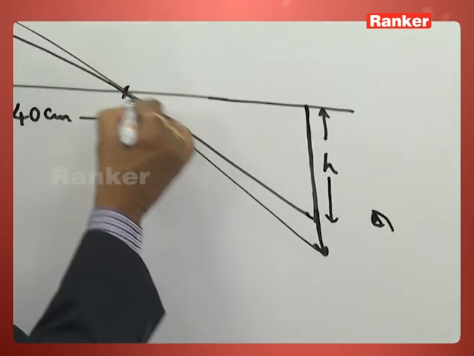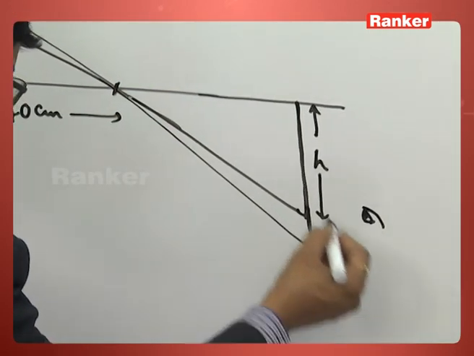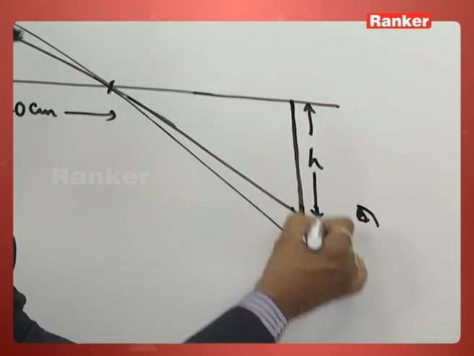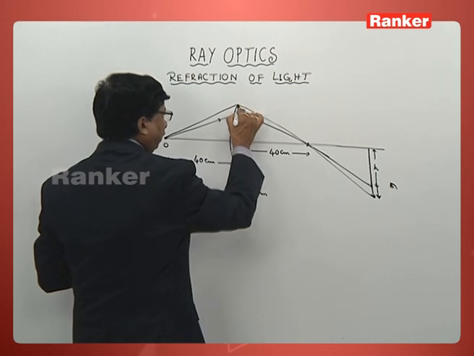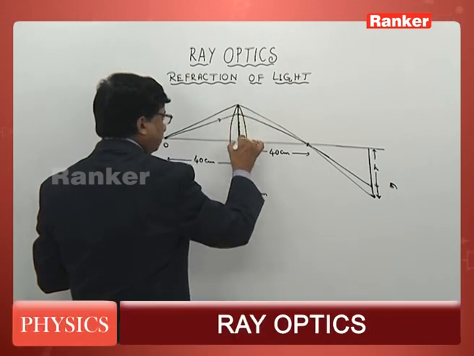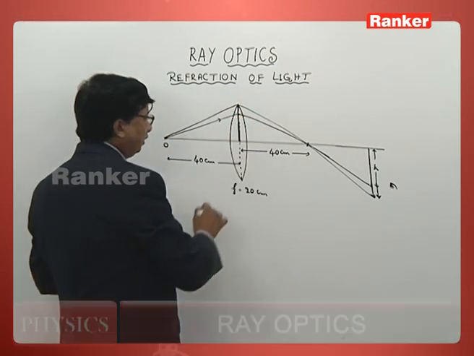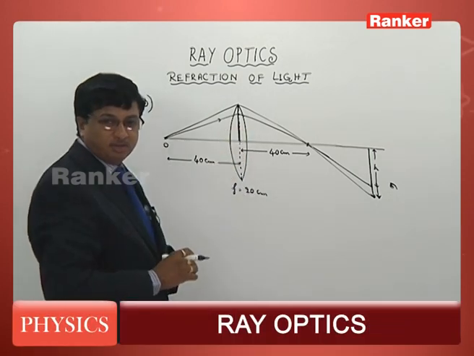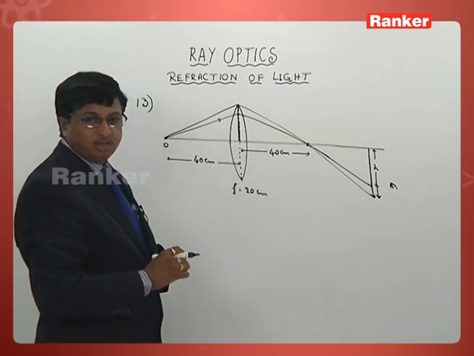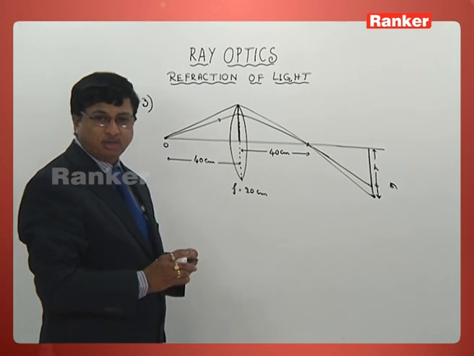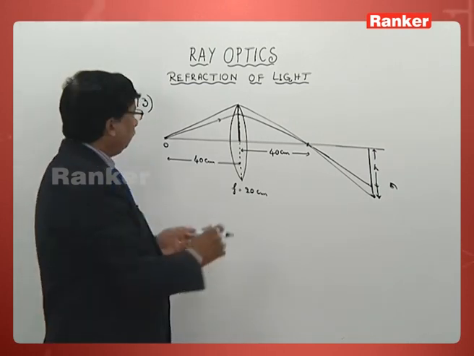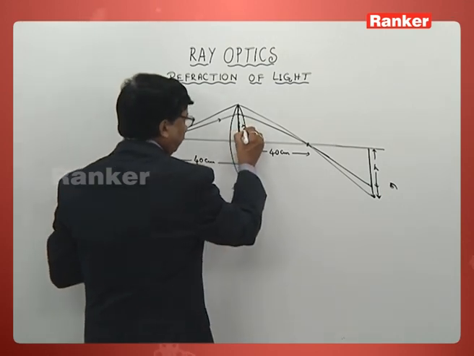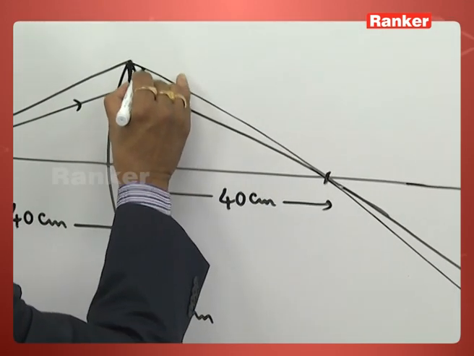This final image is formed here. Our eye is now here somewhere. This is going to be the height he is asking for. So what we can understand here, this distance becomes the radius. Diameter is given 10 centimeter, so automatically the radius will be 5 centimeter. So I can take this distance as 5 centimeter here.